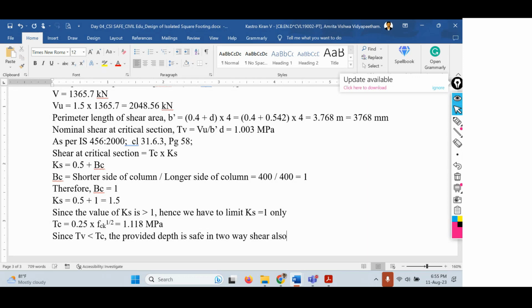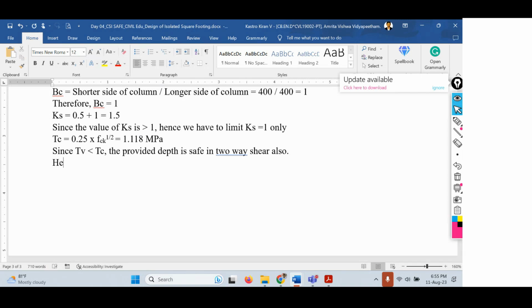Hence, you can make this statement: the provided depth, that is capital D equals 600 mm, is safe for the design of footing.